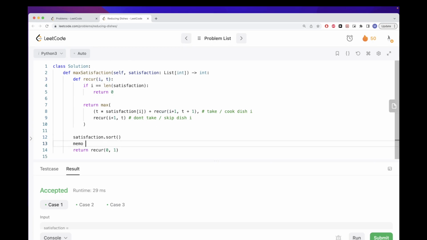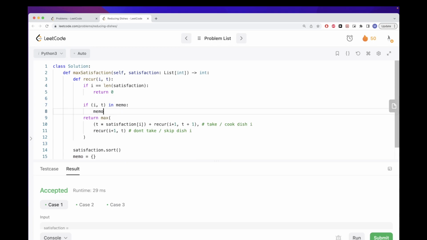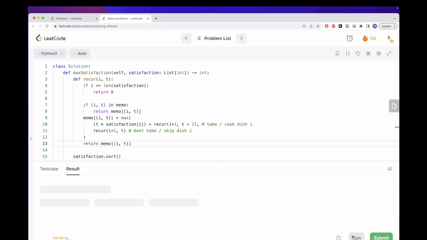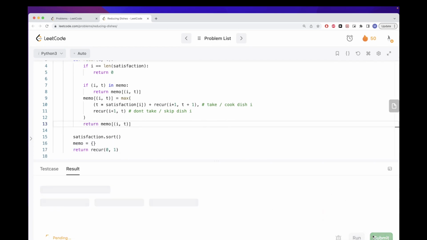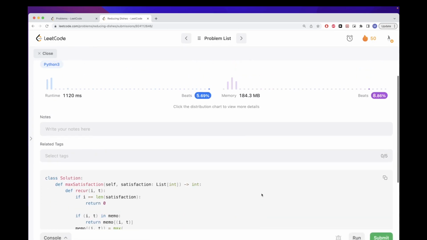To do that, we'll have a memoization table and check if the two parameters, or the state, are in memo. That means we already calculated it, so we just return it. Otherwise, we set it and then return it. Okay, that should be good. Let's submit. And this passes our test cases.